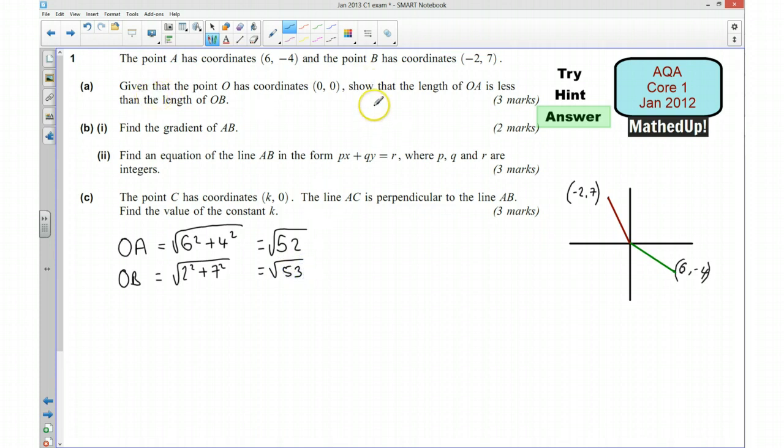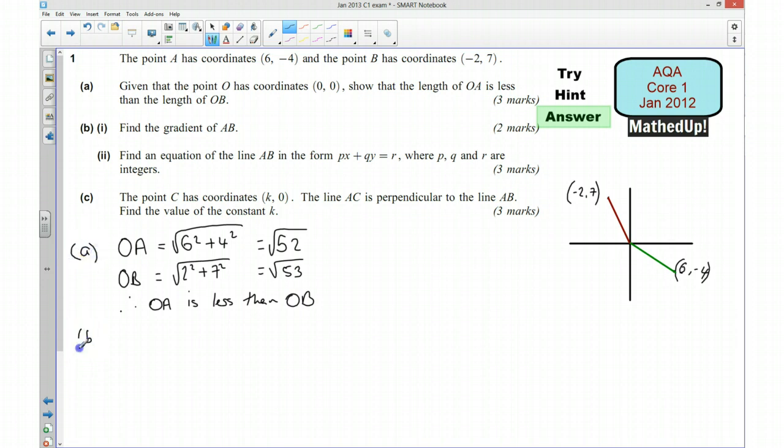Okay, and this shows that the length OA, this one here, is less than the length OB. So we can write, therefore OA is less than OB. And there you go, so that's part A.